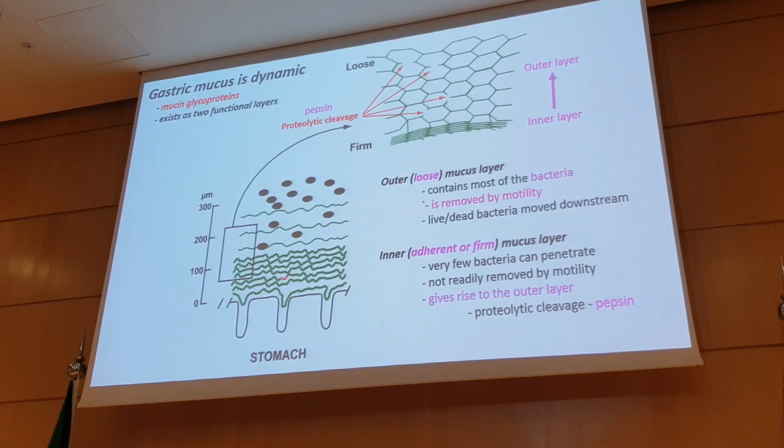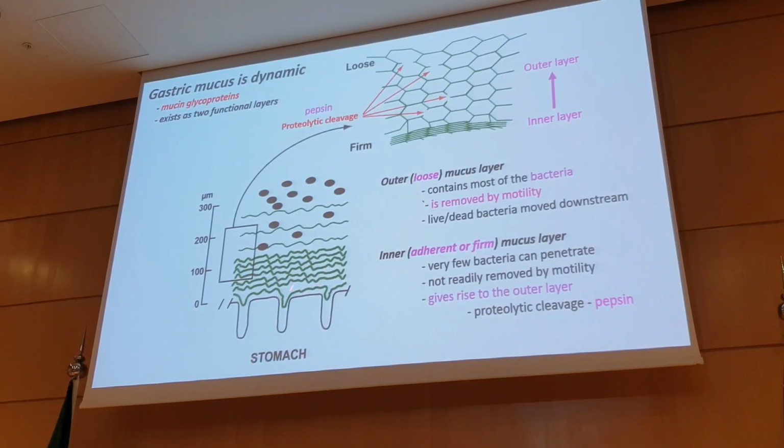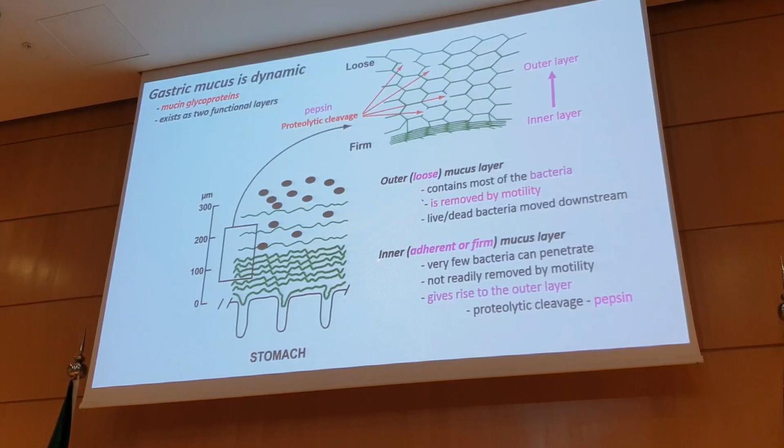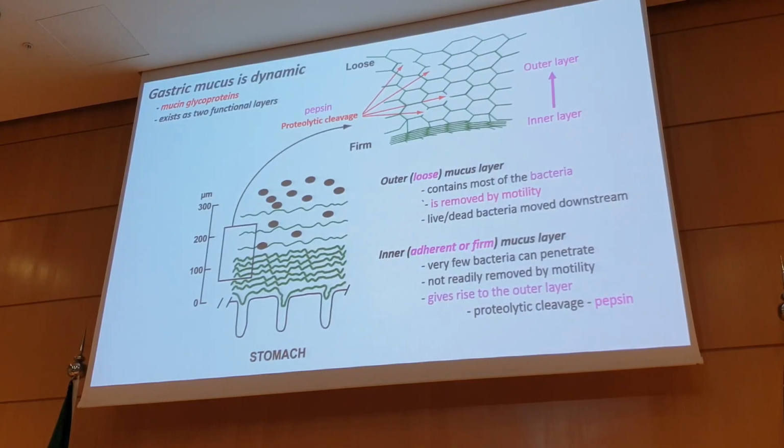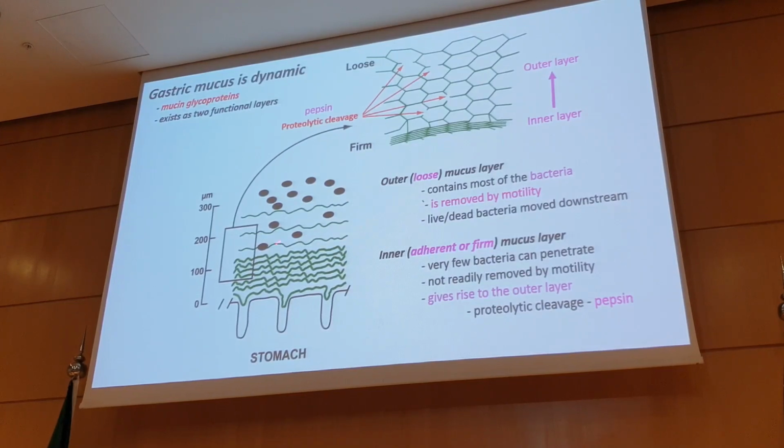I didn't draw this, one of our artists did. But this is the mucus layer. It's supposed to be thick here, and this is the loose mucus layer. It's the outer, loose, inner, firm layer, okay? So, the bacteria are shown here.